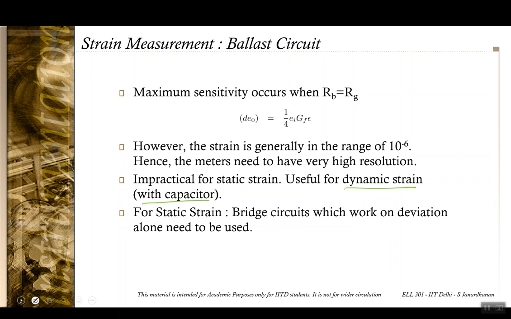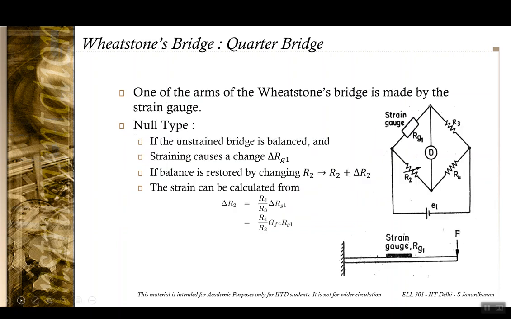And as we have seen earlier while talking about the proving ring, the circuit of choice is going to be the Wheatstone bridge. When you are using the Wheatstone bridge, you can again adopt two different strategies.